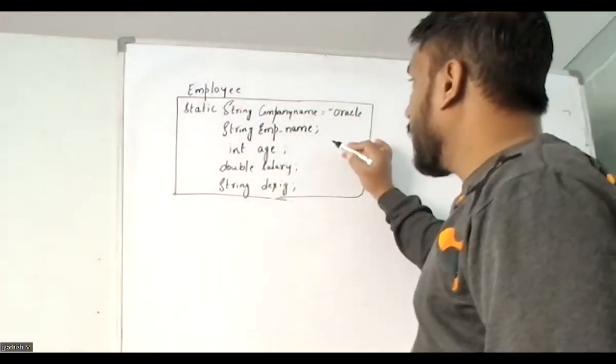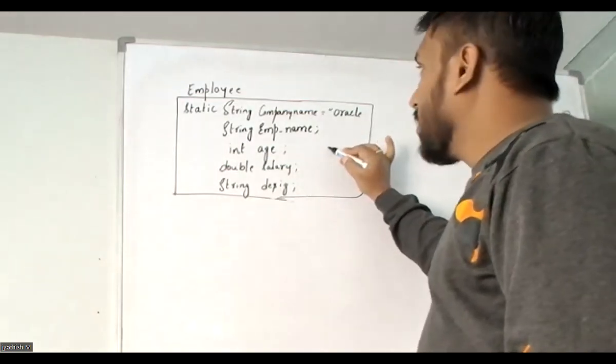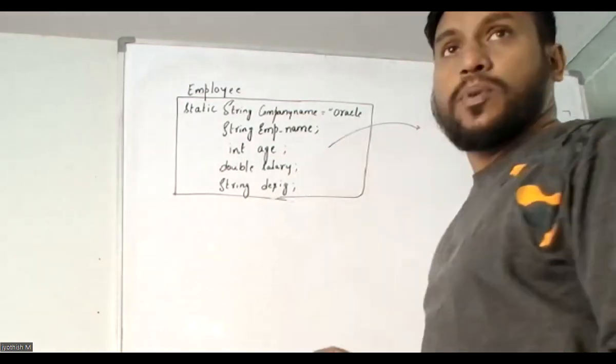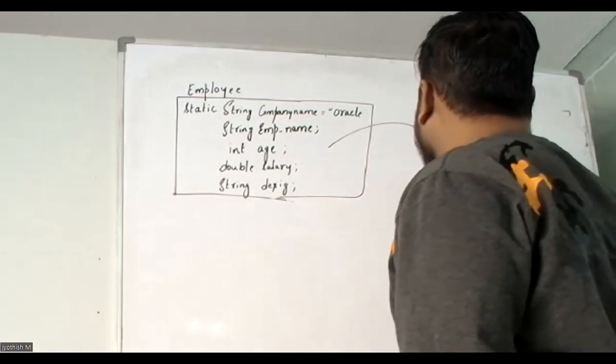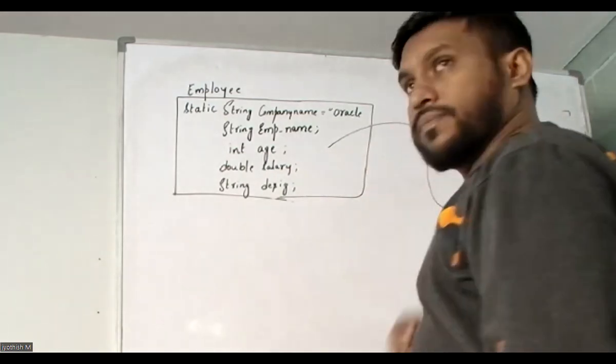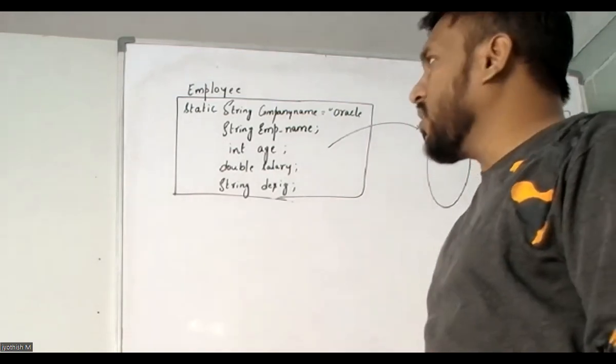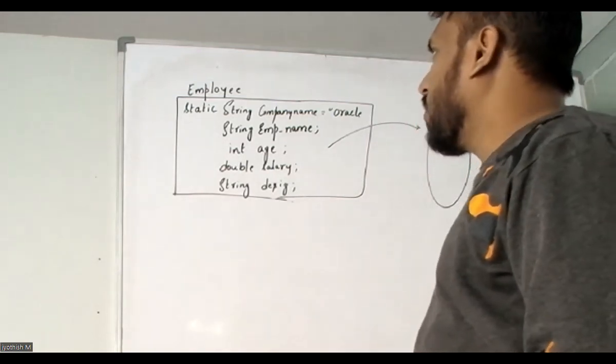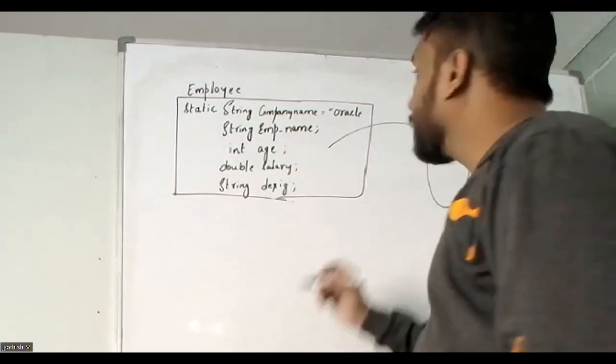Now if you want to access this for the first employee, we will create one object, emp1. When you write emp1, what are the variables loaded?